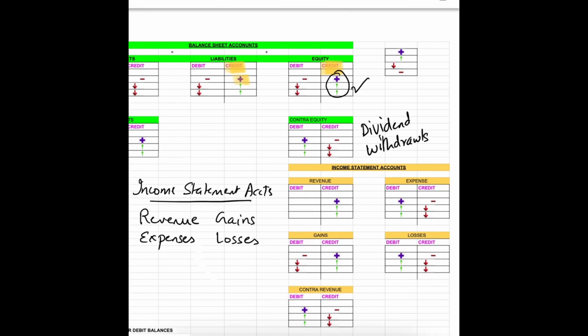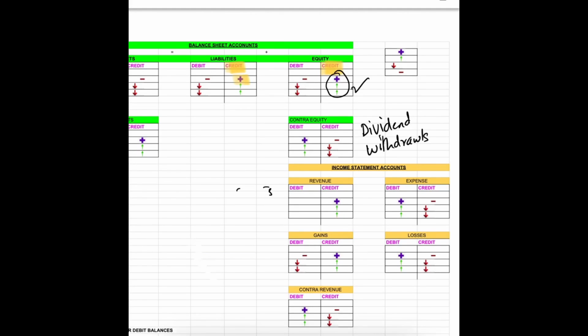So because the increases in equity are entered on the credit side and revenue and gain increase the stockholder equity, the increases in revenue and gain will also be entered on the credit side. And because the decreases to stockholder equity are entered on the debit side, and expenses and losses reduce the stockholder equity, both expenses and losses will be entered on the debit side. I hope this helps you to understand a little bit of this debit and credit.